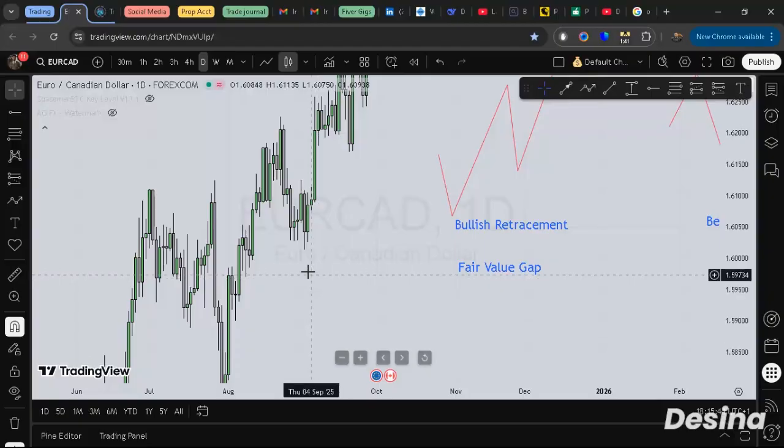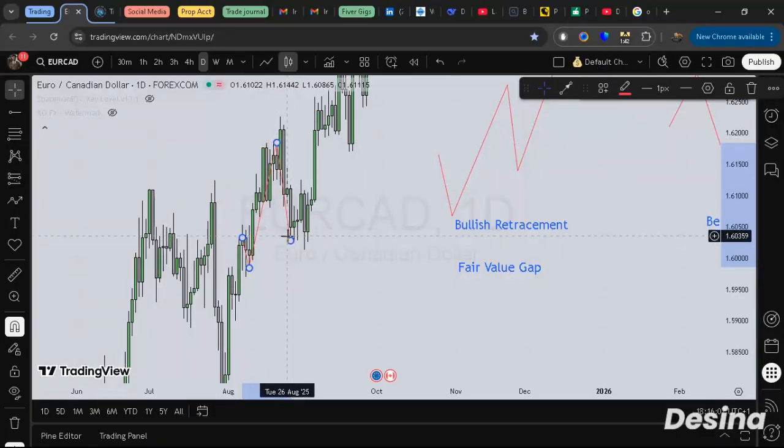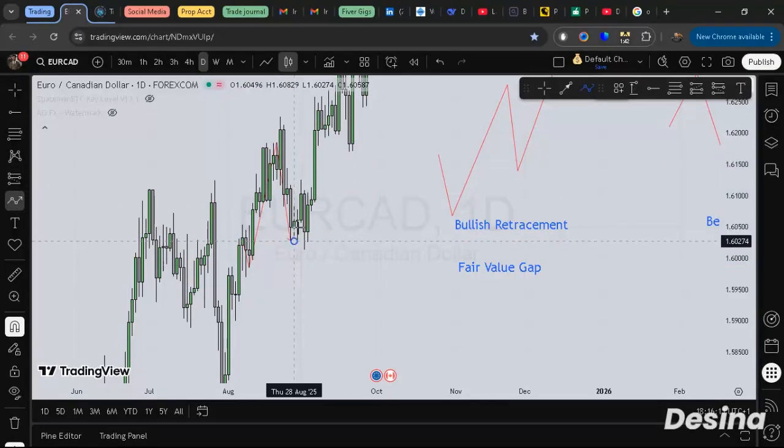Okay, I found a very good example here. Like I told you, an easier way to mark out your expansion, your retracement and the likes is to use the line chart on your TradingView. Here we have an expansion to the upside, the retracement here, and price continued upwards.